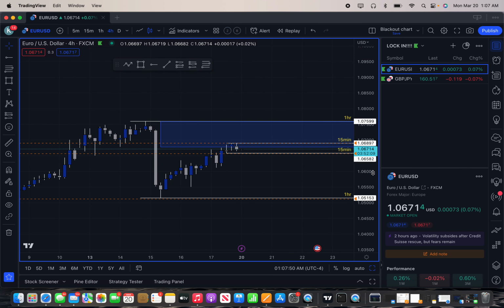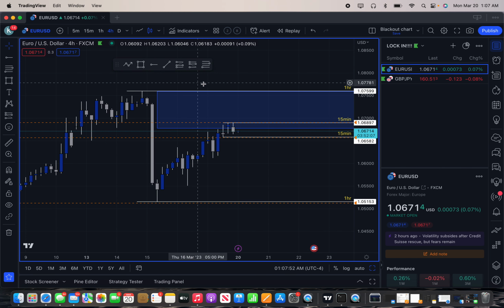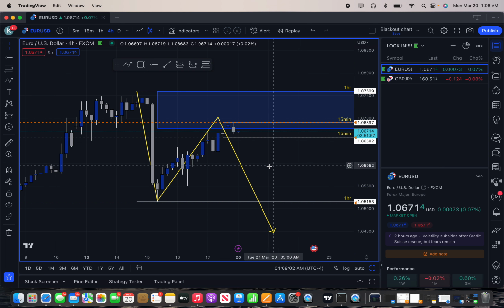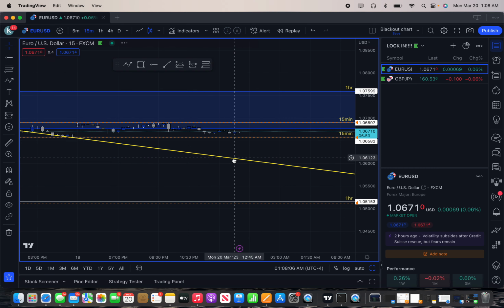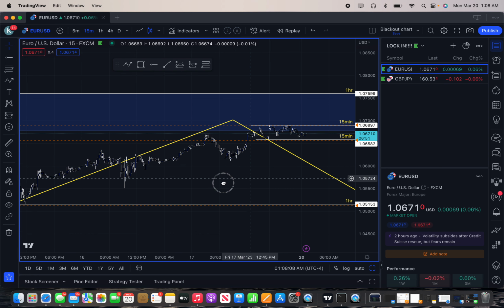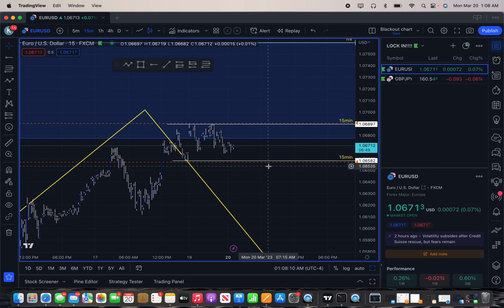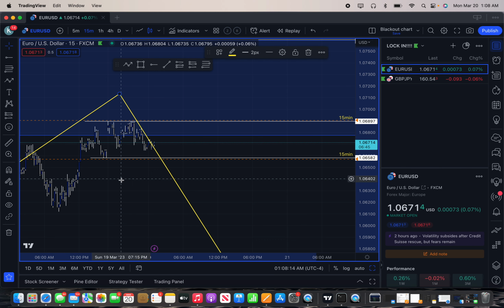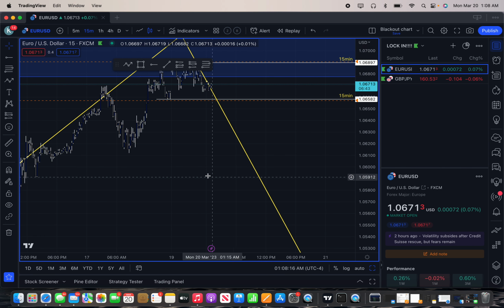So, how I'm reading this 4-hour structure is, okay, it's downtrending, so I'm expecting it to go down, pull back into this area, and continue pushing down from a high time frame perspective. Because I expect this from a high time frame perspective, I'm looking to confirm this for an opportunity on a low time frame. So on a high time frame, it's downtrending.